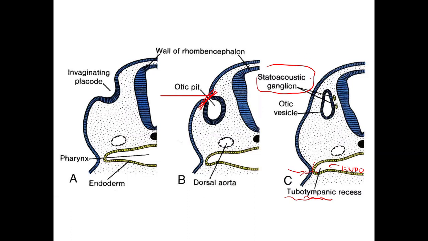Because these cells of the otic vesicle will delaminate, they will separate from this epithelium, and they will form the ganglion. Now you're probably thinking, but we learned that the ganglia are from the neural crest. In general, yes, all ganglia are from the neural crest, but the vestibulocochlear ganglion is from the ectoderm.